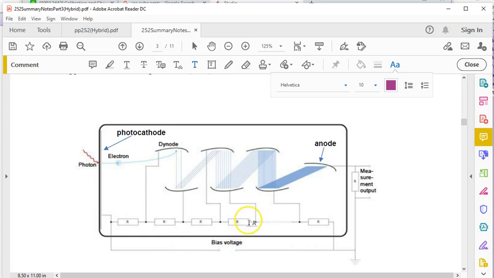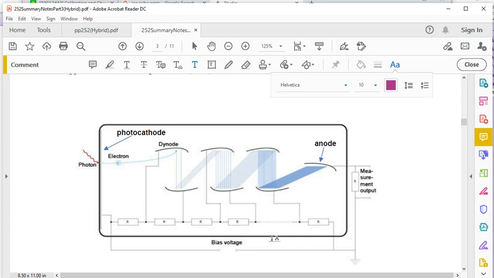Oh, I don't know if you can see in this diagram, they have a series of resistors down here. This is how you apply the voltage differences across consecutive dynodes. When you put this photomultiplier tube in its socket, you supply just one voltage difference.